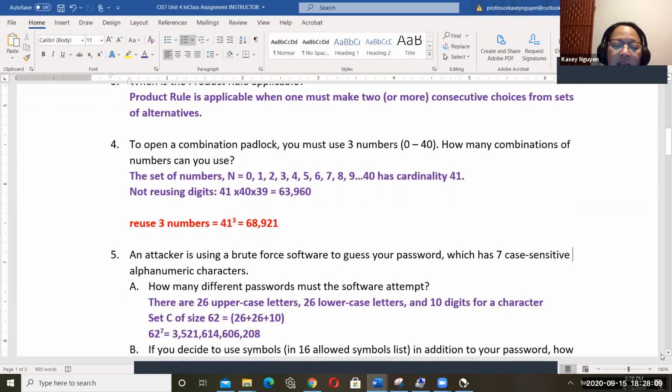We saw that in the example. Now we simply take that 62 and raise it to the 7th power because there are 7 characters for the password. So that will be our output.